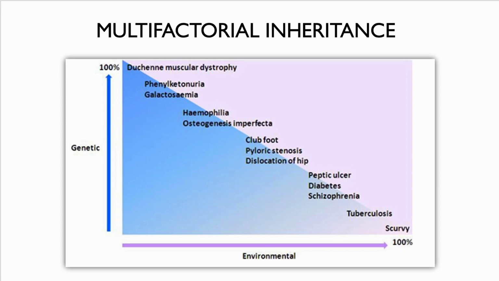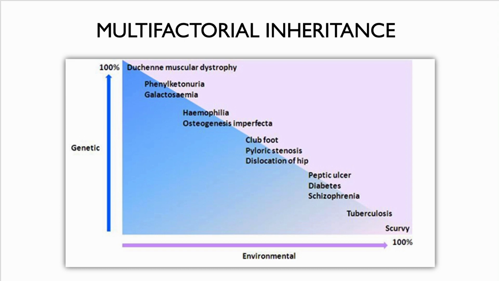This refers to the type of genetic inheritance where a particular disease or trait manifests or is produced by the interaction of multiple genes, not a single gene, together with the action of environmental factors or exposures, maybe at work, maybe at home, maybe a poison, maybe something that interacts with the genetic composition.